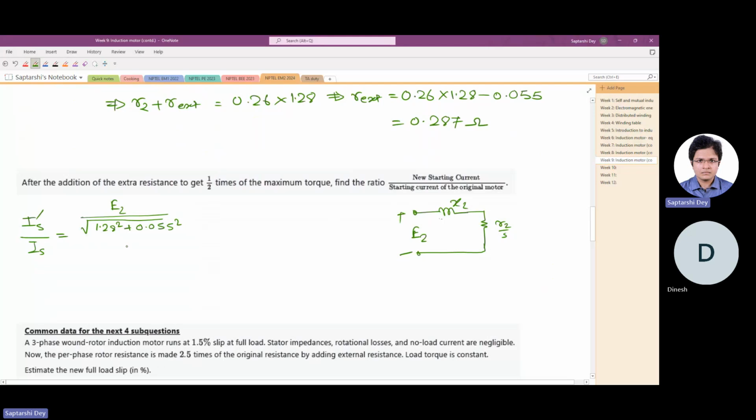Sorry, this is the older one. What is this? The new one. 0.26 plus 0.26 times 1.28, that is 0.338.